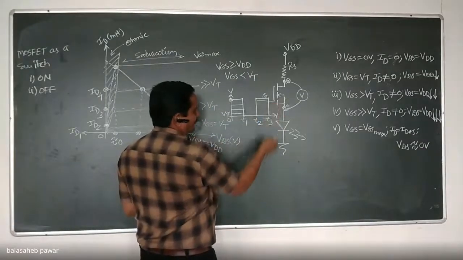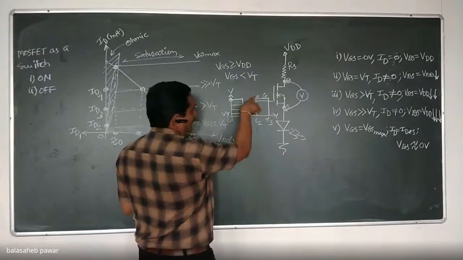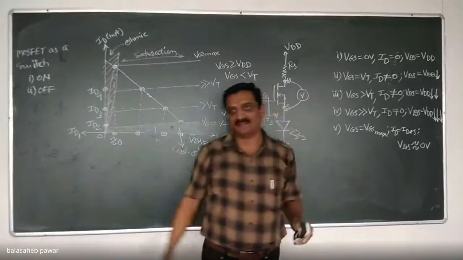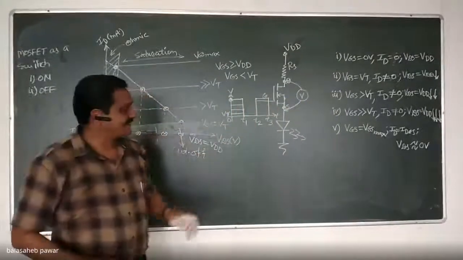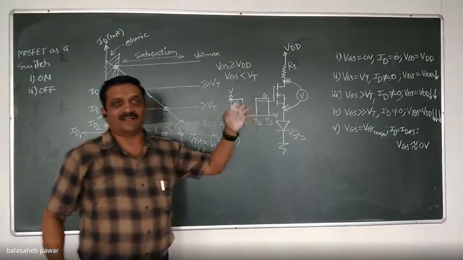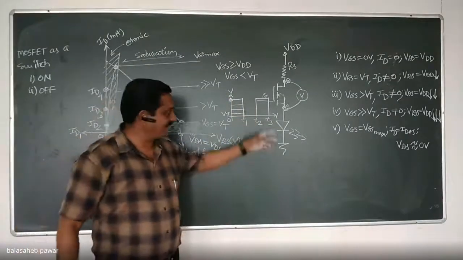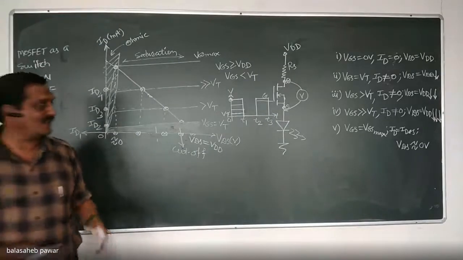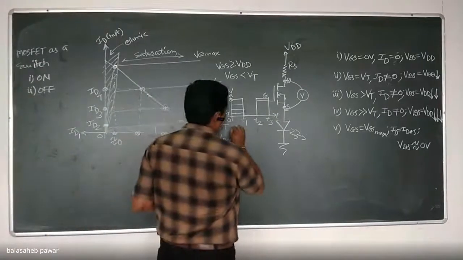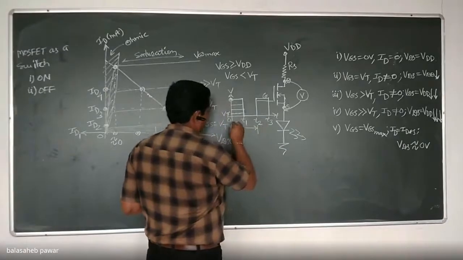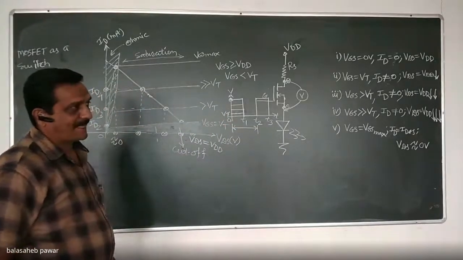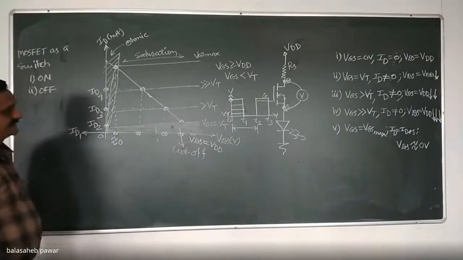Again, this MOSFET will get forced from its off state to on state, that is from its cutoff region to its ohmic region, and hence this LED will blink on and off. The speed of blinking of that LED will depend on the frequency of these pulses. Agree? Yes, sir.